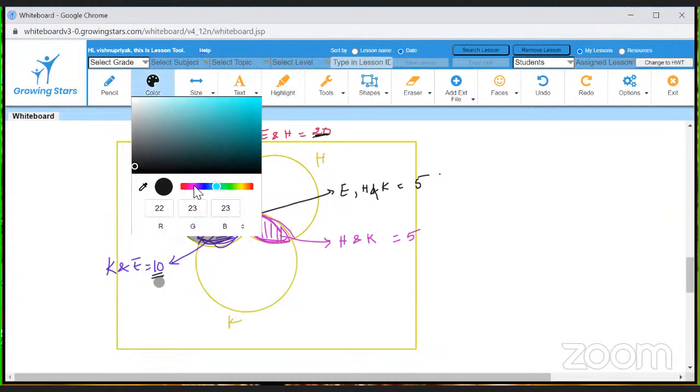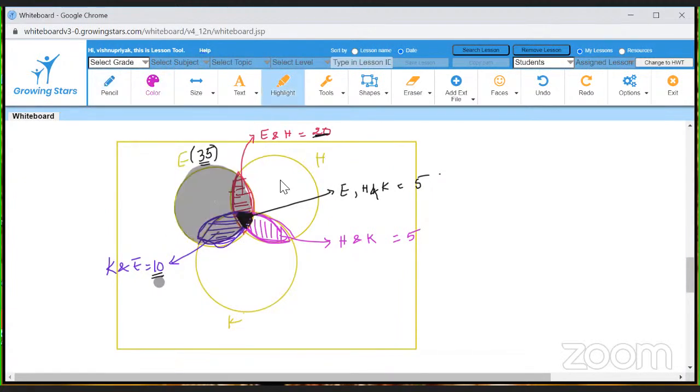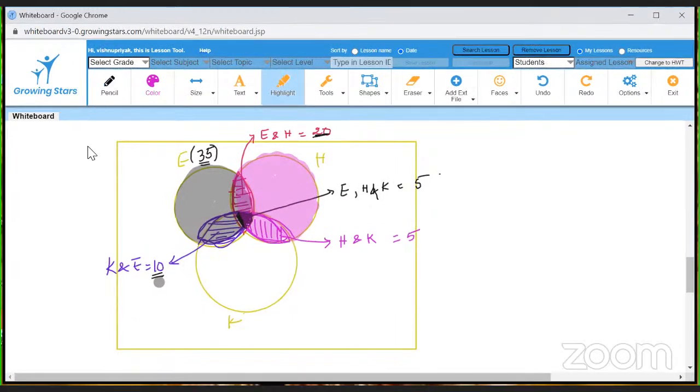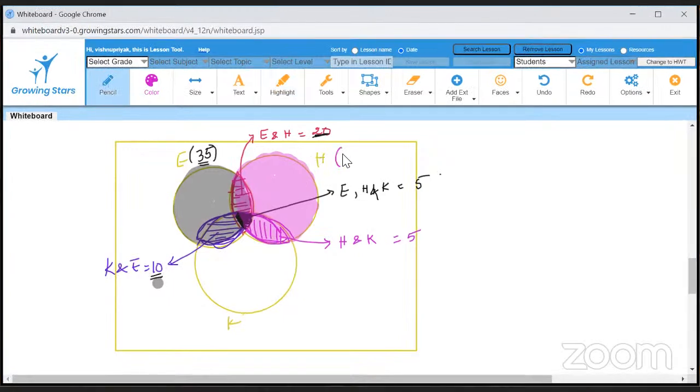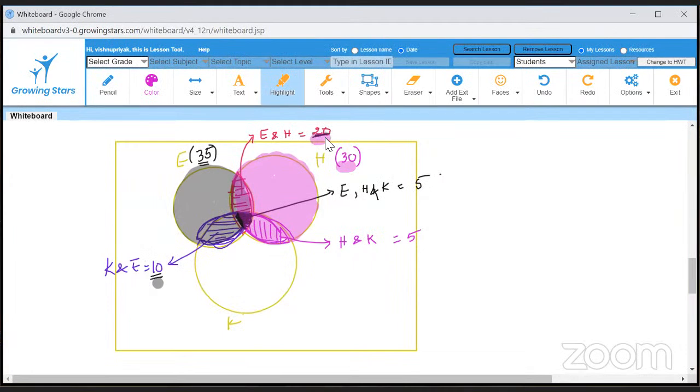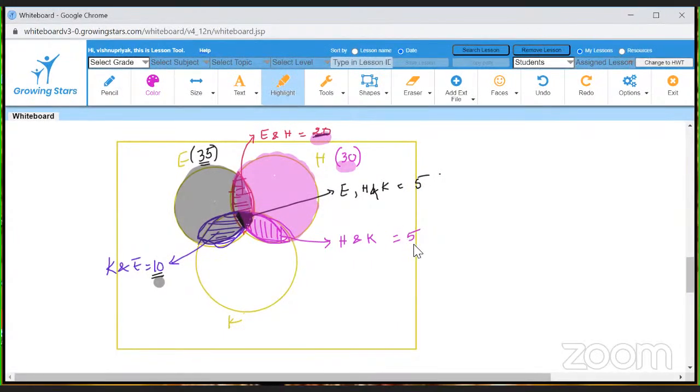Okay, next. Suppose I will circle this one, color this one. Hindi circle. In the Hindi circle, maybe 30 are there, 30 speaking Hindi. But out of this 30, 20 speak English along with Hindi, and 5 speak Kannada along with Hindi.